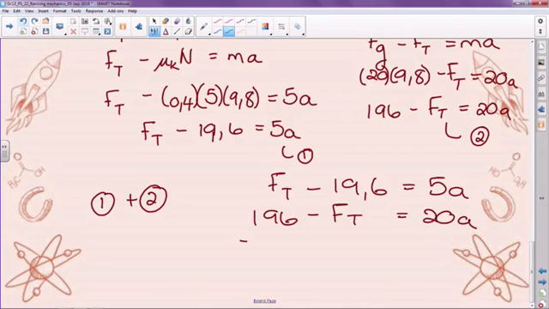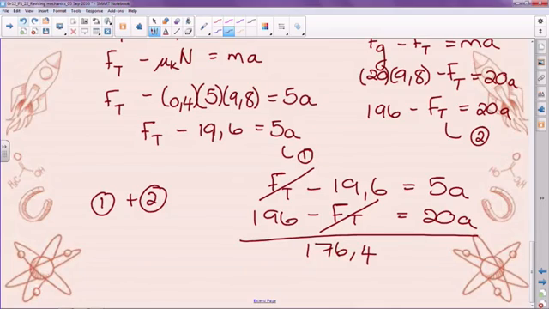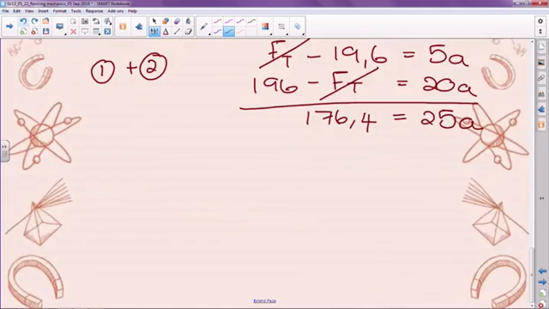The reason why I do this is if I've set the equations up correctly, Ft cancels. That means that now I have 196 minus 19,6, which gives me 176,4, which is equal to 25a. And then, to get a on its own, I'm going to go 176,4 divided by 25, which gives me 7,06 meters per second squared.